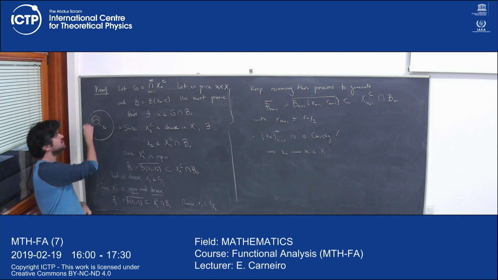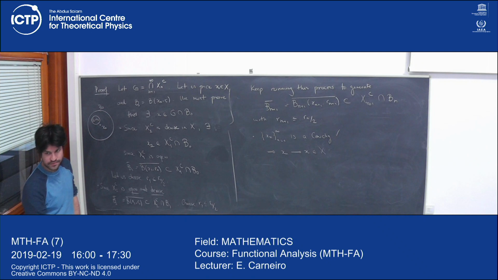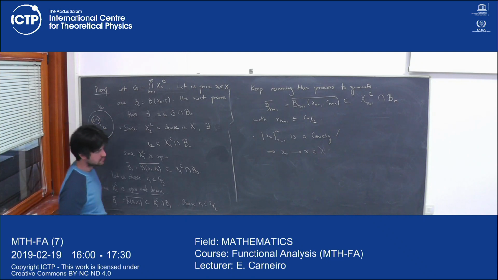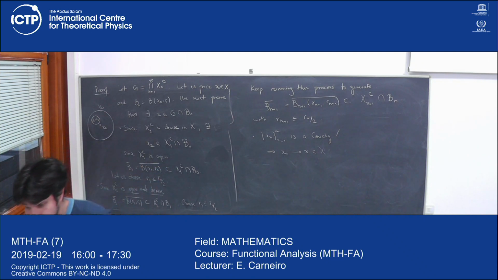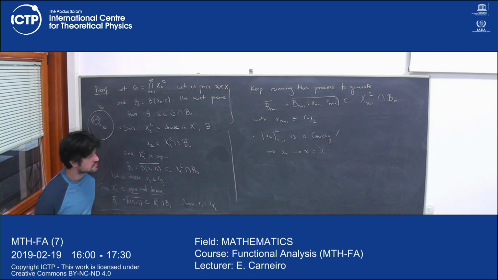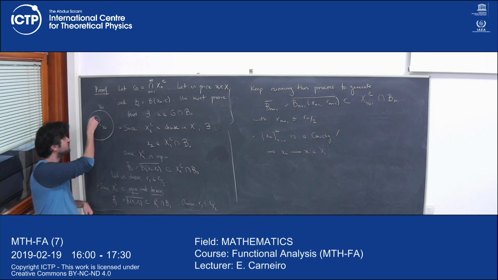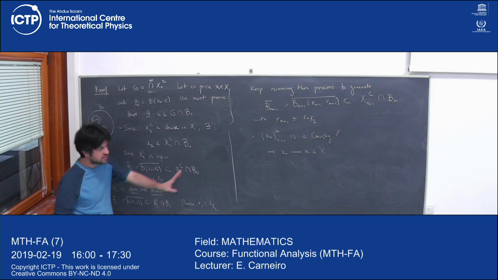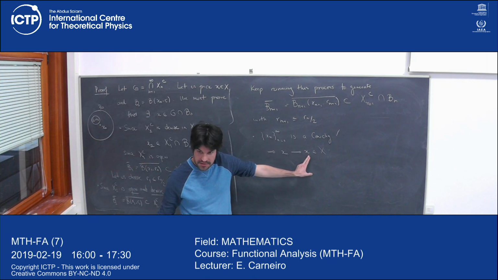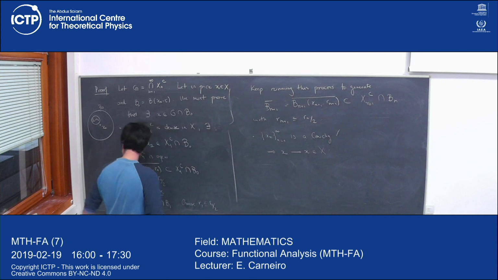In fact, since I started with B0, it's a nested sequence of closed sets, if you take the closed balls, right? The intersection is not empty. That's what I'm saying. It converges to a point x. So this is in the intersection of everyone, right?